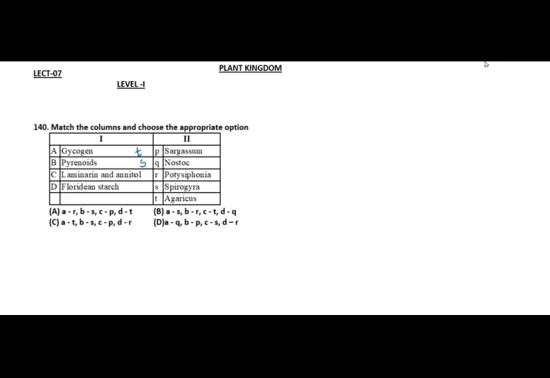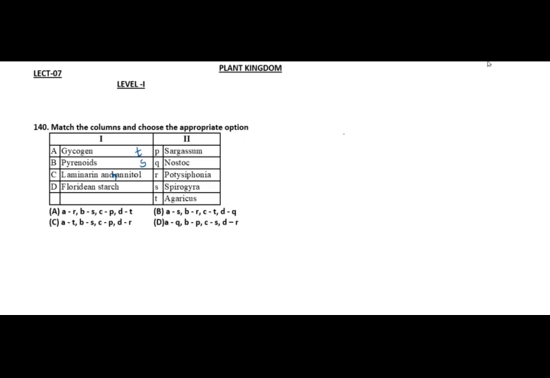Then laminarin and mannitol. Here there is a spelling mistake, so it should be mannitol. Laminarin and mannitol we see in the case of brown algae, that is Phaeophyceae.